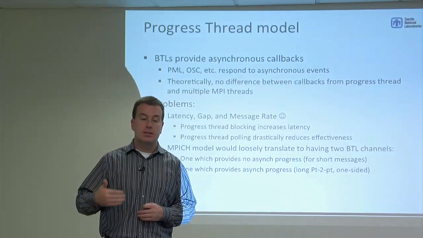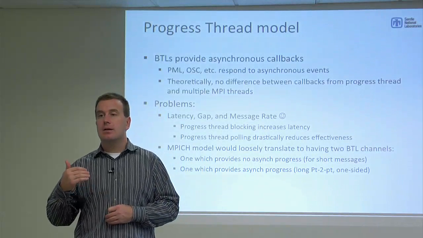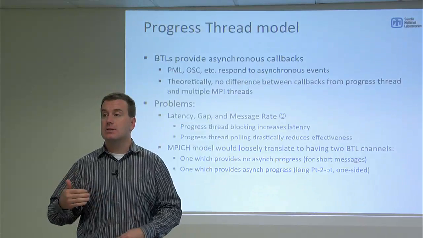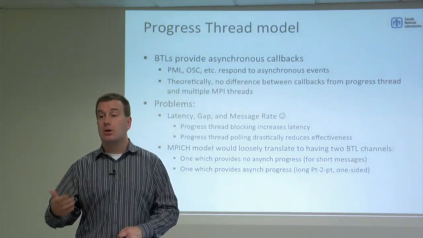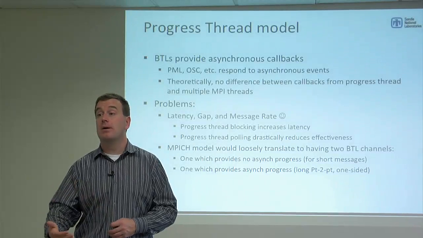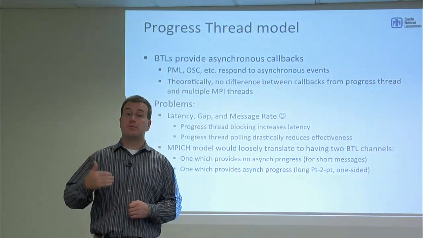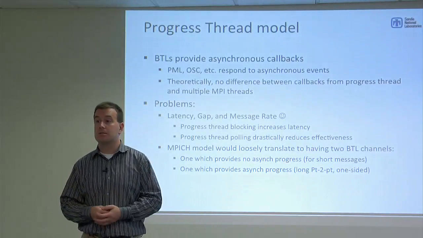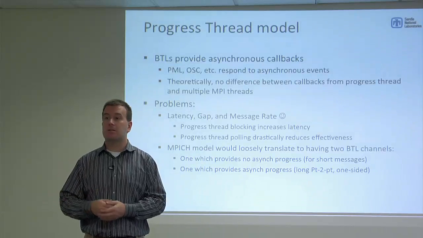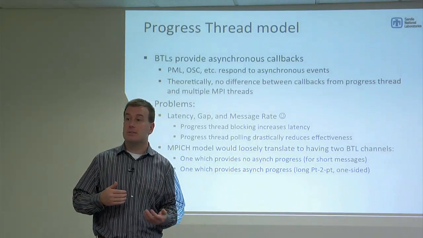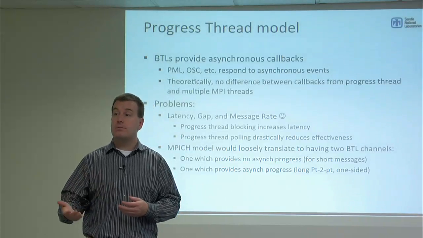And then another flag that would say this is a message that requires asynchronous progress. And so the user of the BTL then would make the choice, do I want really low latency or do I want asynchronous progress? And that way you could have 2 channels.